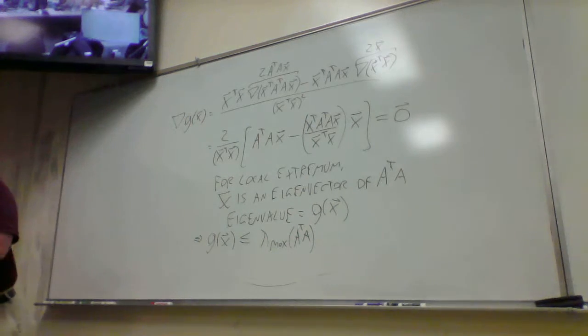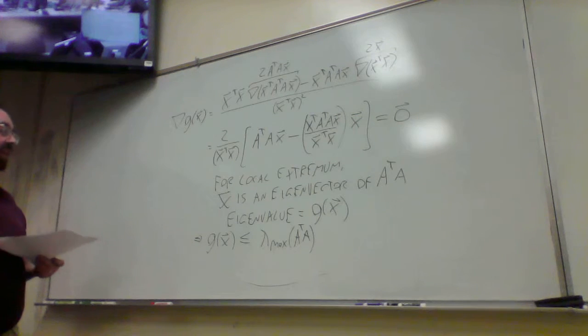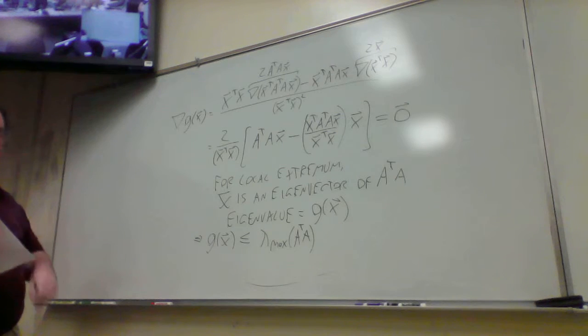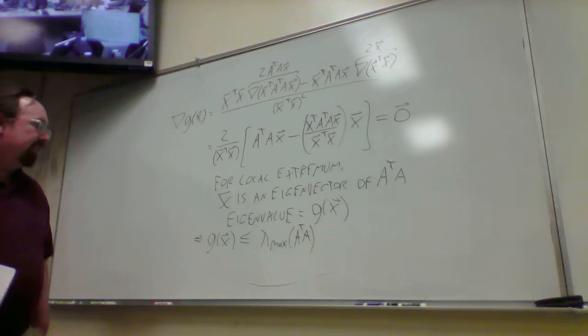Now, admittedly, I have not talked about eigenvalues yet. It's actually the next topic. Although hopefully you're familiar with them from some of our course, but if not, you're definitely going to be.